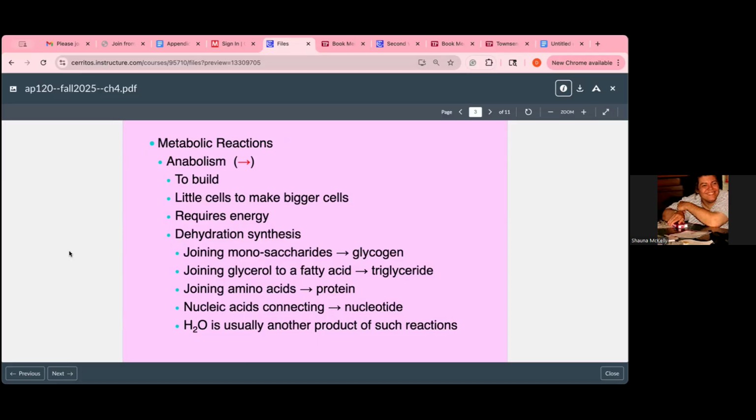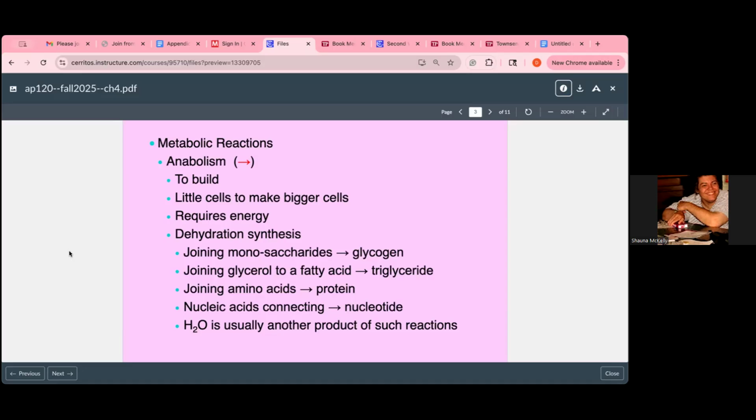We watched a video on it, but it might be worth watching again because, well, there's dehydration synthesis, but the product depends on what you're putting together. If you're putting together sugar, that's one kind of product you're going to get.